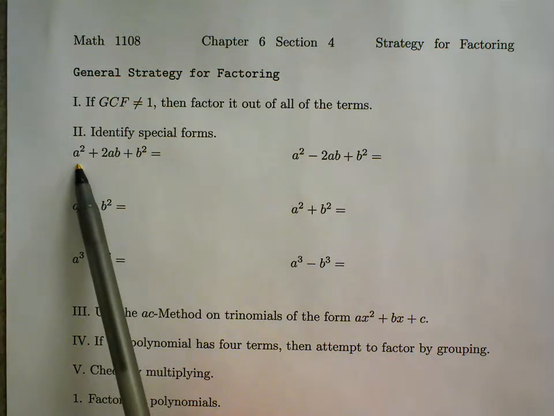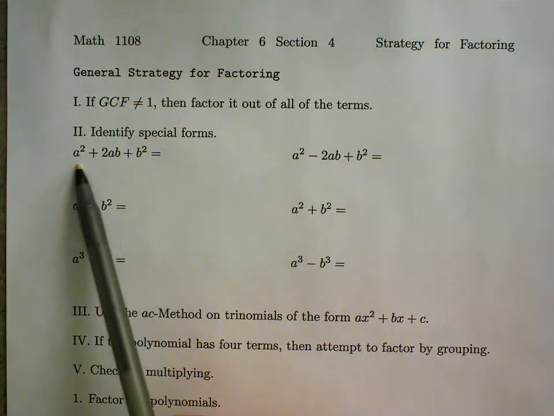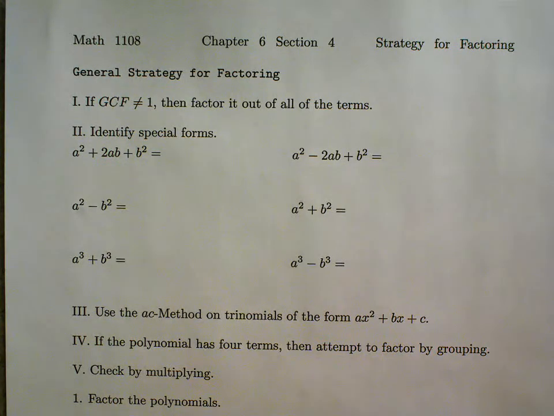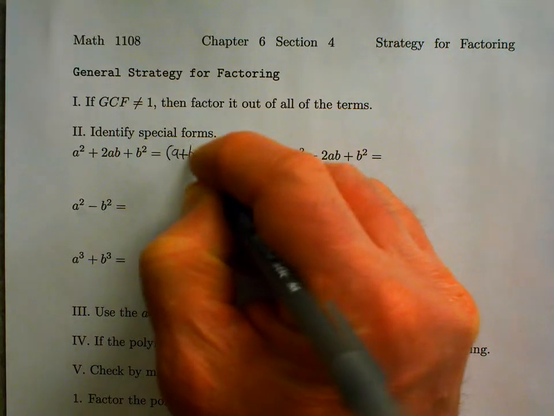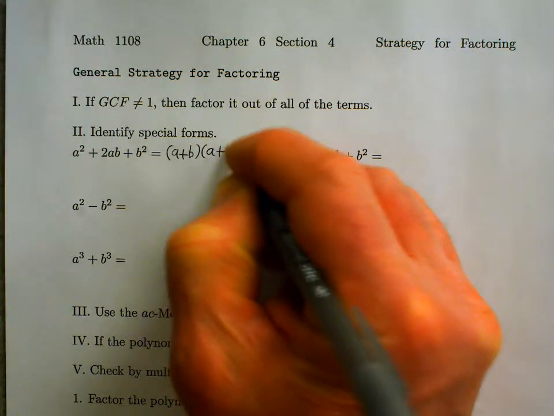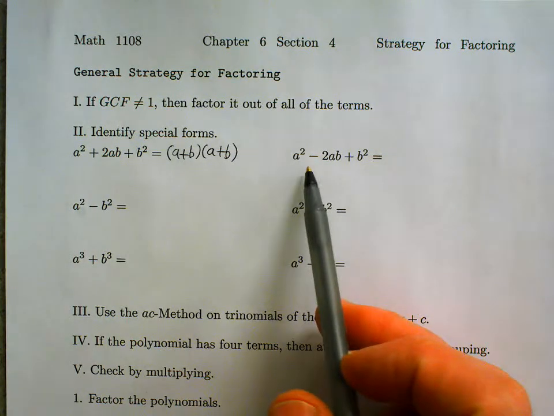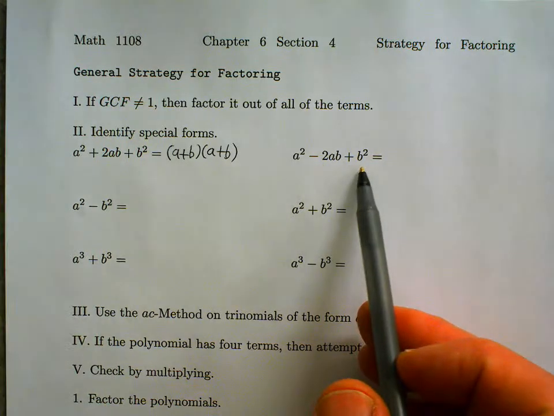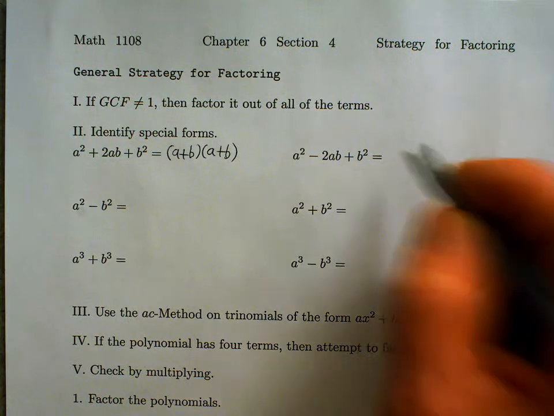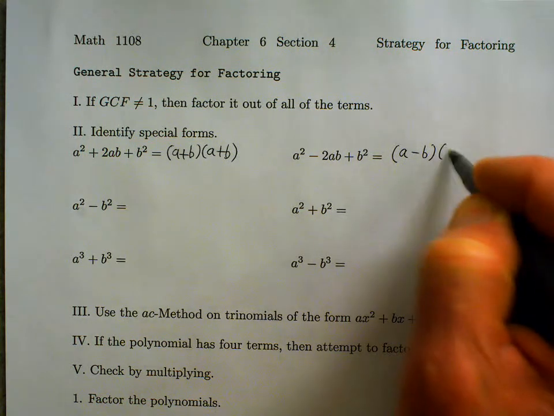This form, a squared plus 2ab plus b squared, is a perfect square trinomial. Its two factors are a plus b times a plus b. Another perfect square trinomial form is a squared minus 2ab plus b squared, and its two factors are a minus b times a minus b.